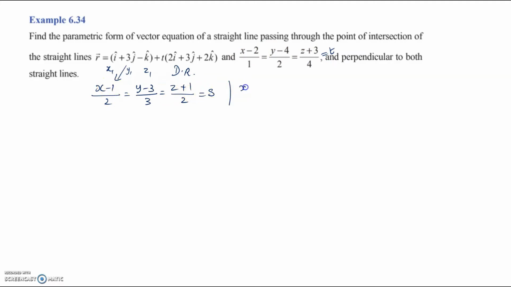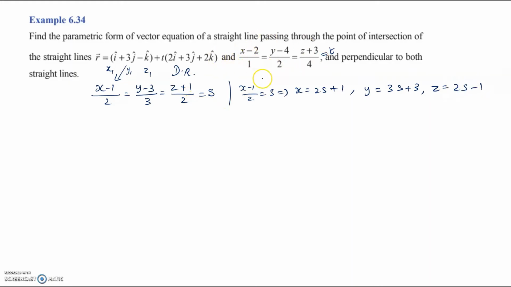Let's say x minus 1 by 2 is equal to s, which implies that x is equal to 2s plus 1. Similarly, we can write y is equal to 3s plus 3, moving the 3 to the other side. Similarly, z plus 1 by 2 is equal to s, so z will become 2s minus 1.